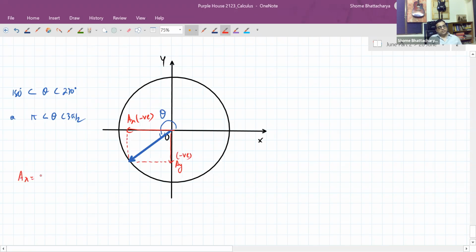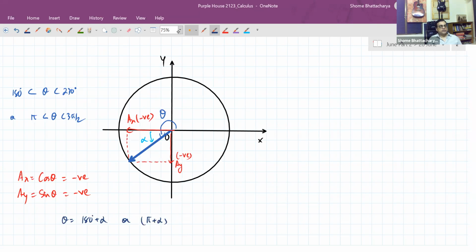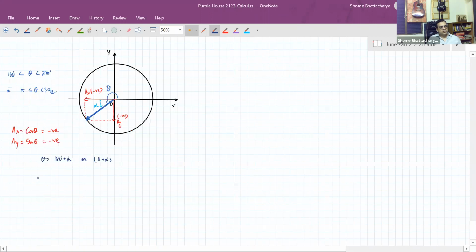So ax, which is cos theta, will be negative. Ay, which is sine theta, will also be negative. In fact, if you take this angle here as alpha, you can express theta as 180 plus alpha, or pi plus alpha. Therefore we get the formula that cos theta is minus cos alpha and sine theta is minus sine alpha.